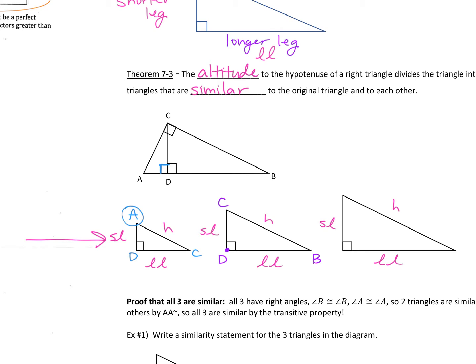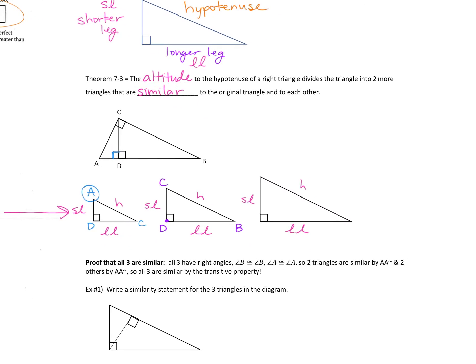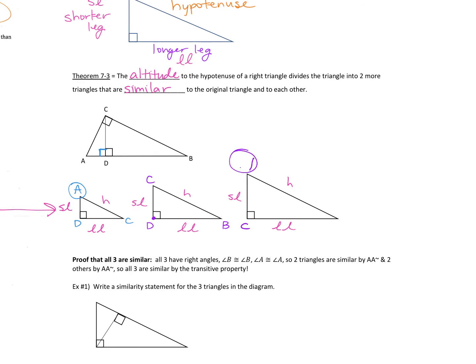And it's just kind of funky to think of it the way it's set up. So where's the right angle in the big triangle? C. Okay. What's this one up top going to be? That's A. Ooh. And then the other one? B. Okay.